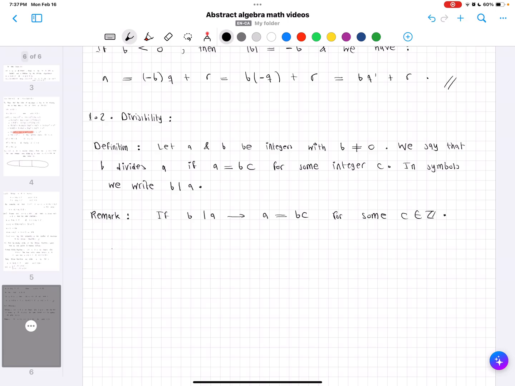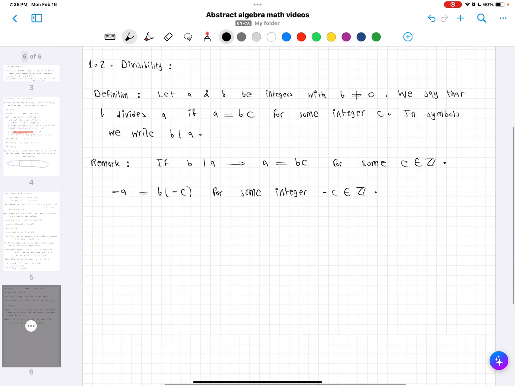Then if you multiply both sides by -1, you get negative A is B times negative C for some integer minus C belonging to Z. So that means that if B divides A, then it divides minus A.